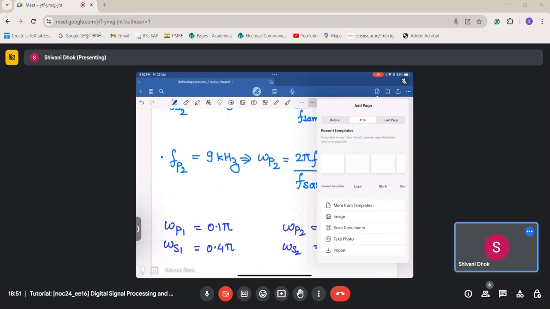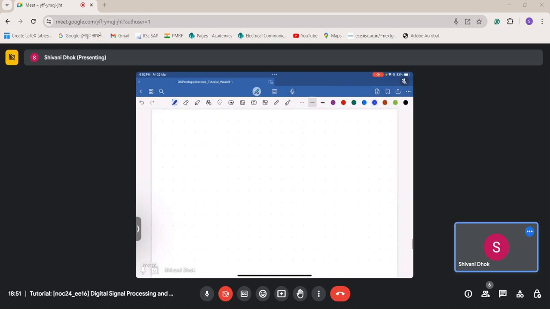Then the next step that we need to do is find analog equivalent frequencies using bilinear transform.